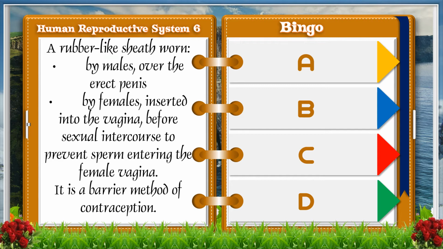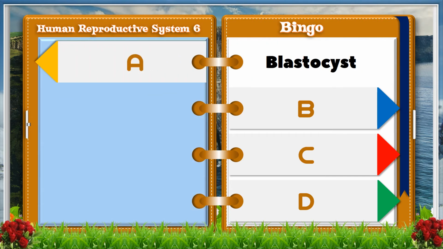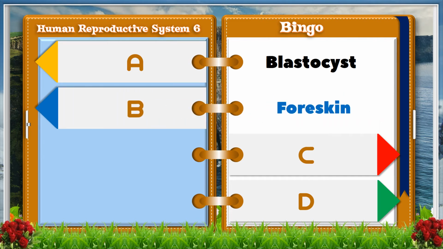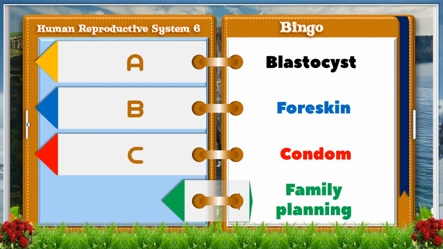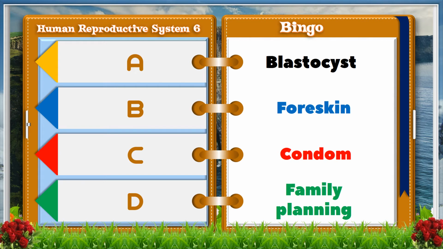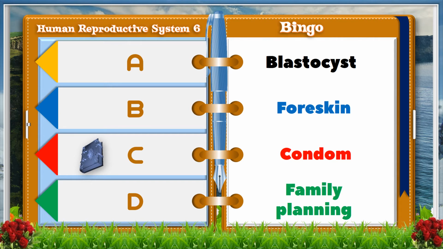It is a barrier method of contraception. A, blastocyst. B, foreskin. C, condom. D, family planning. And the answer is C, condom.